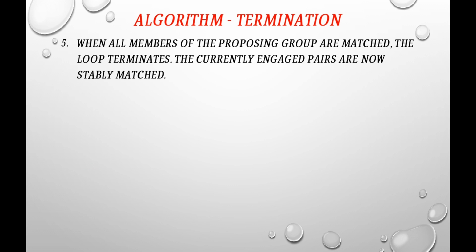So if all the pairs are obtained, the algorithm terminates. So this is the simple and iterative algorithm, which is called the Gale-Shapley algorithm, to get unique pairs using stable matching.